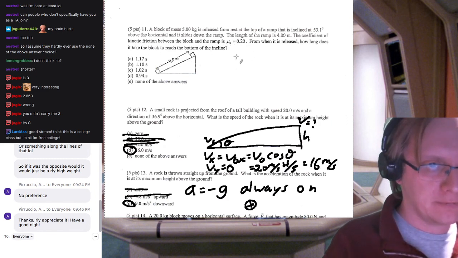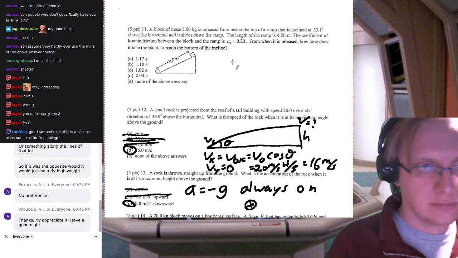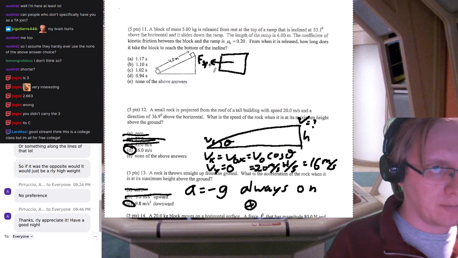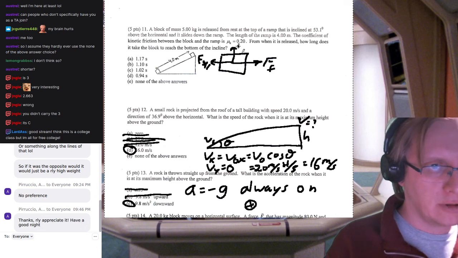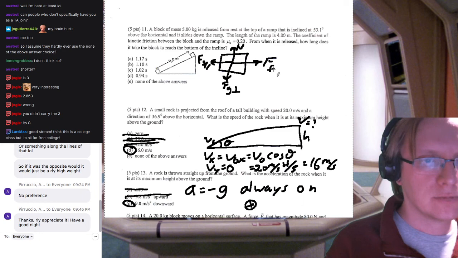So we have a block. We have force gravity parallel. We have force friction. We have normal. We have force gravity perpendicular.